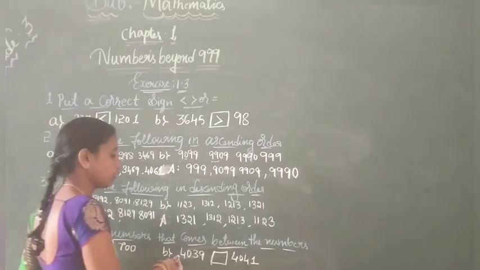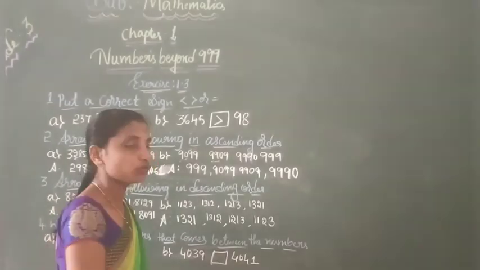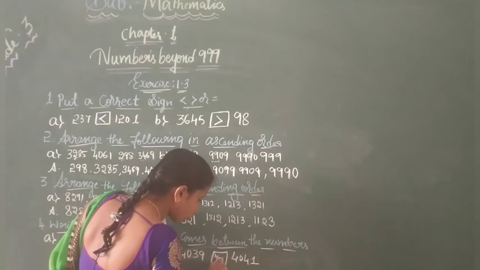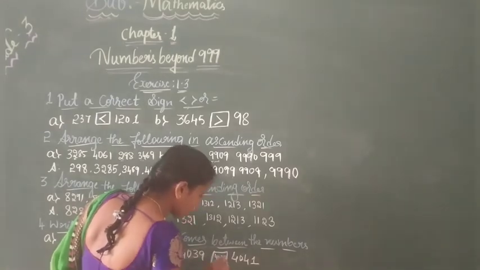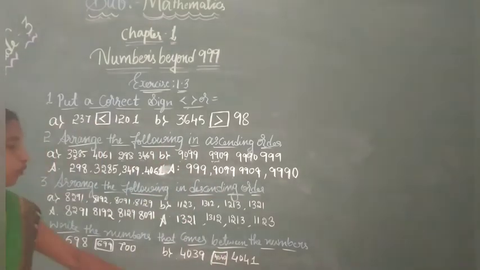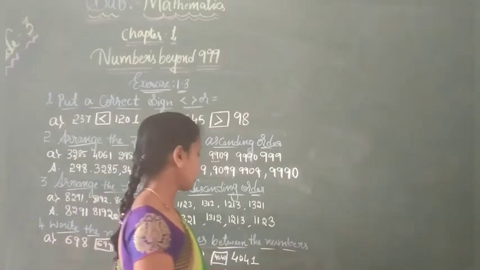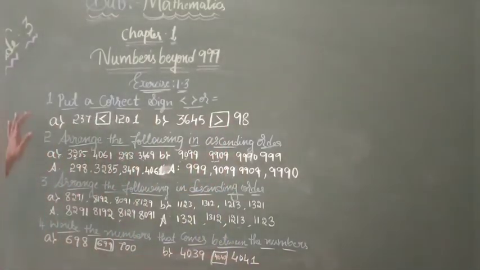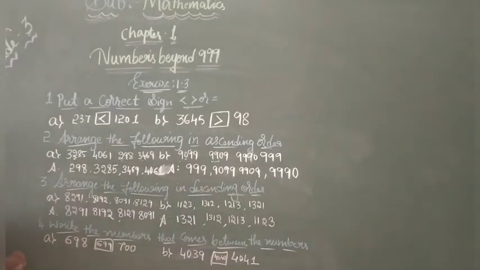Here is one more example. 4039. Next is 4040. And the next number is 4041. Is it clear? Do questions 1 to 4, and there are more examples in your textbook. You have to complete exercise 1.3.